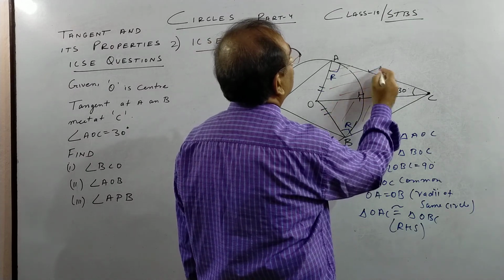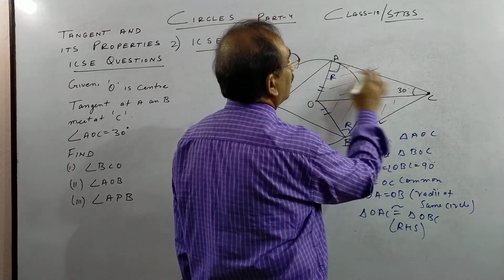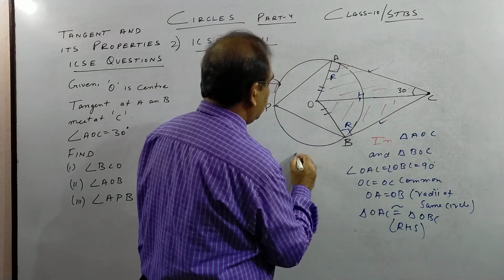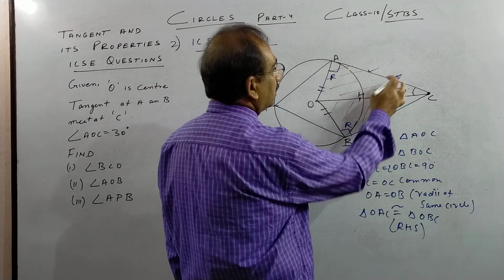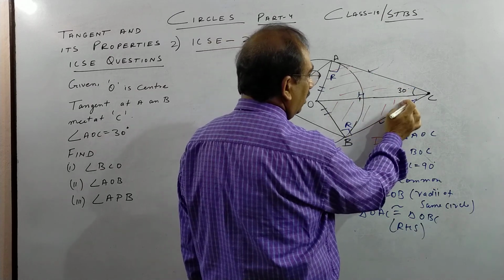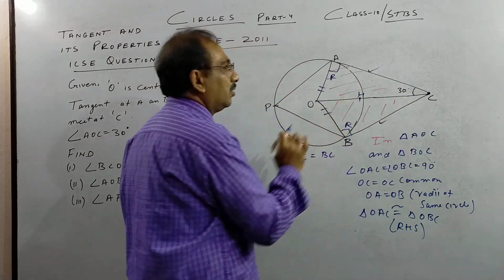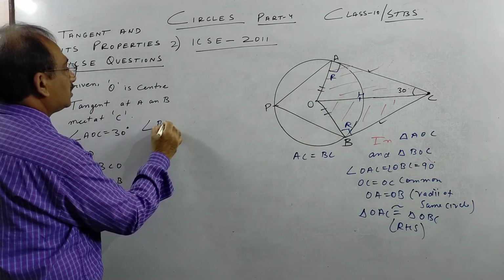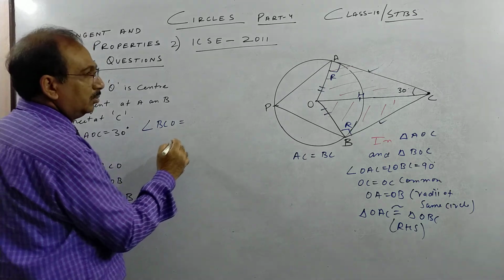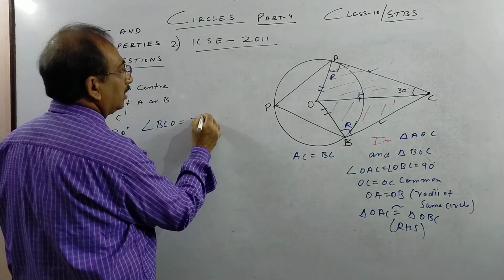So as a result of this, the two tangents AC and BC are equal, tangents are equal, these two angles are equal, this is what we will use, and these two angles are also equal. So therefore the first one we get, children, angle BCO is equal to 30 degree.